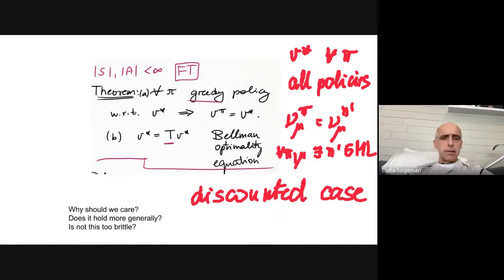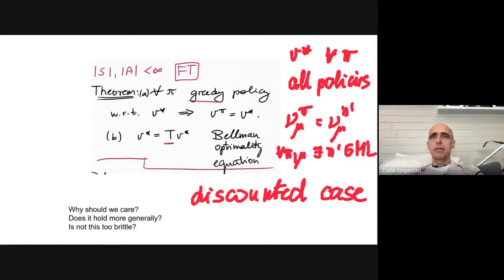And the finite horizon setting doesn't have it, because as you're getting towards the end of the horizon, right? Imagine you have some problem where you can navigate some environment.